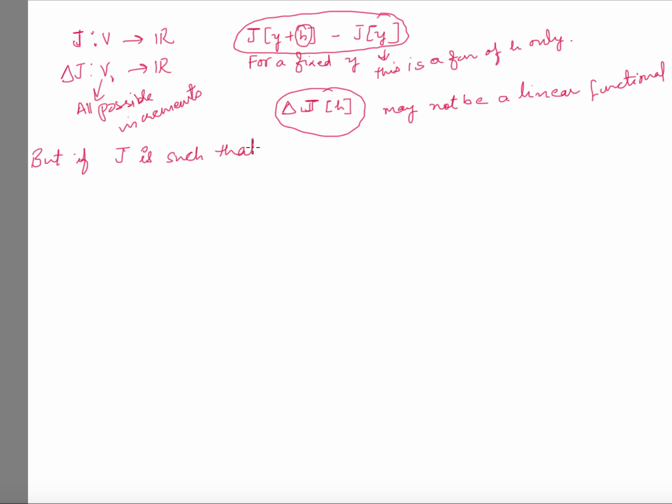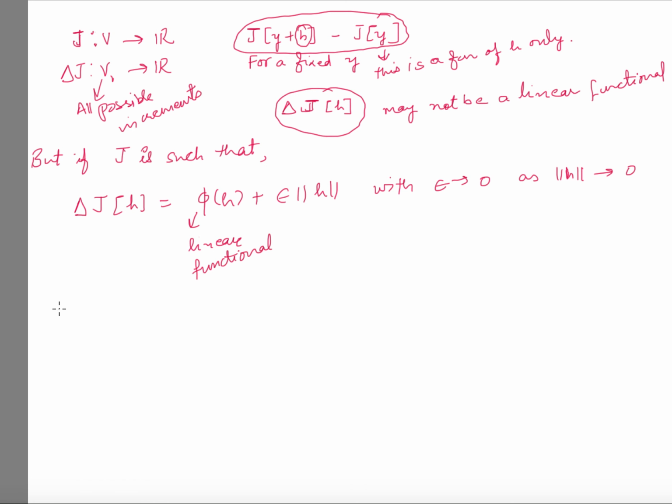But if j is such that I can write del j of h is equal to some phi of h plus epsilon times norm of h, with epsilon going to 0 as norm of h going to 0, where this phi is a linear functional, then this functional j is said to be differentiable at this fixed y.